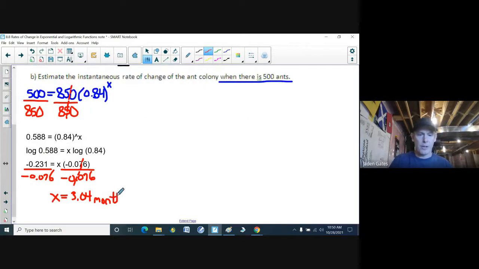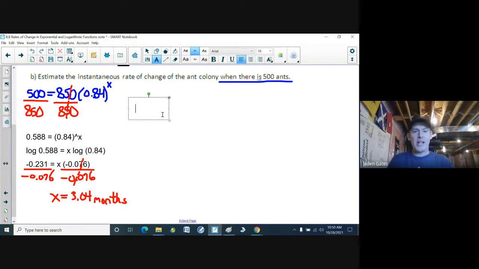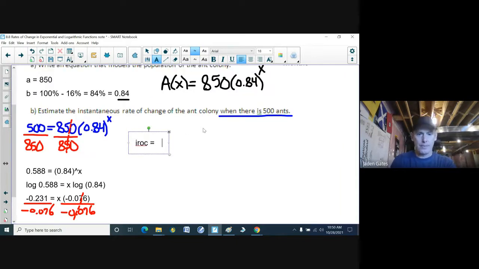3.04 months. Okay, so now I can move on and estimate the instantaneous rate of change at 3.04 months, which means I'm going to take my amount function.